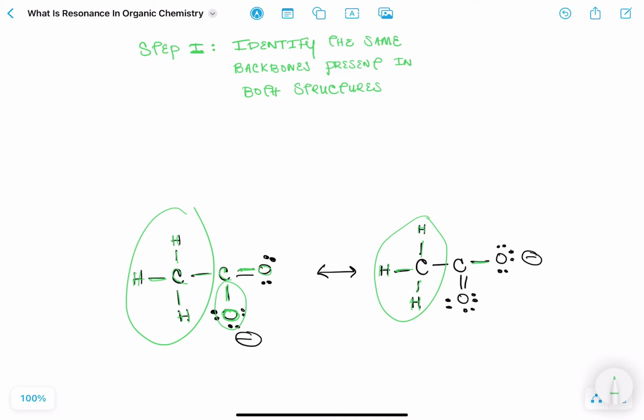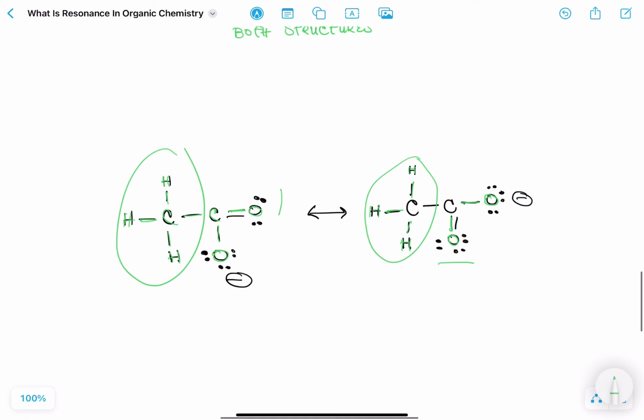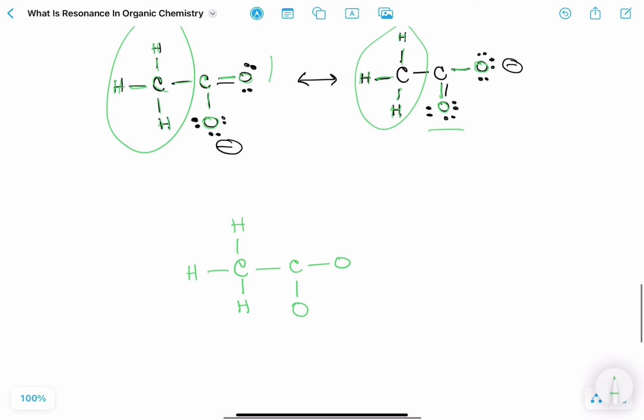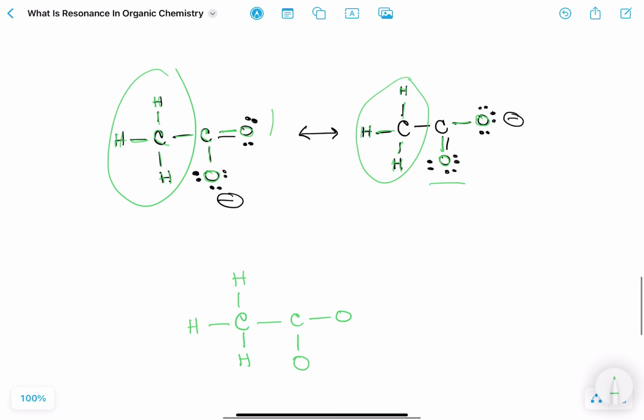So let me get rid of that and make it a little cleaner. At least one CO bond is there, even though we have a double bond in this case and a double bond over here, right? And so the backbone that is present in both molecules is that, right?